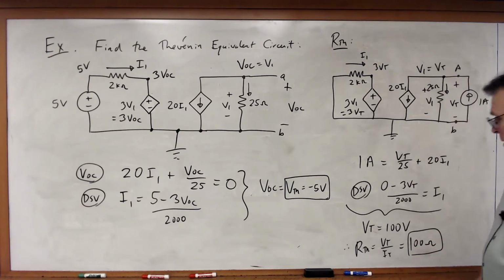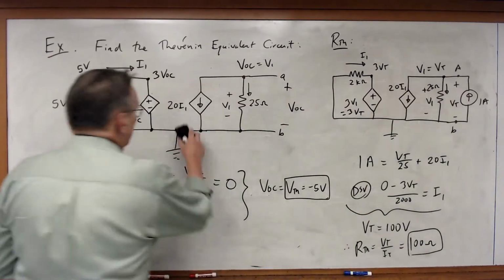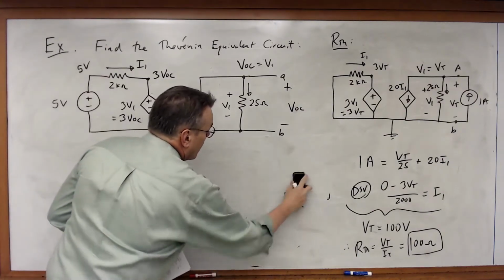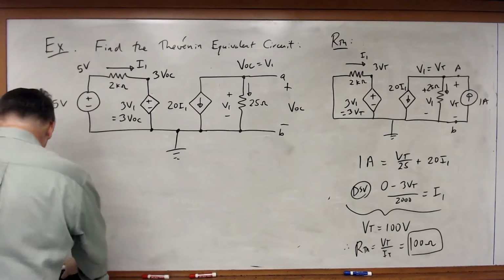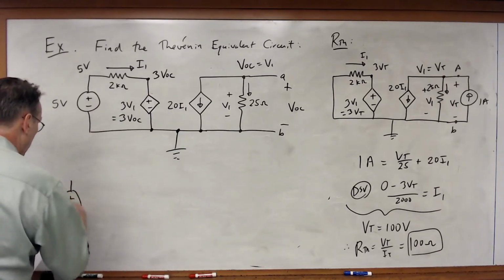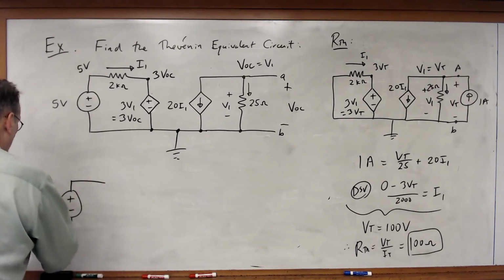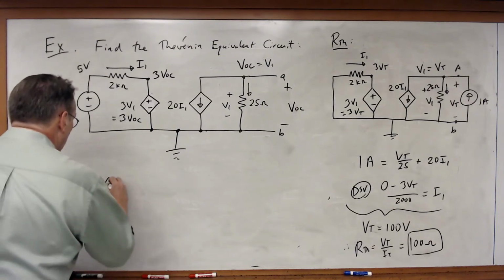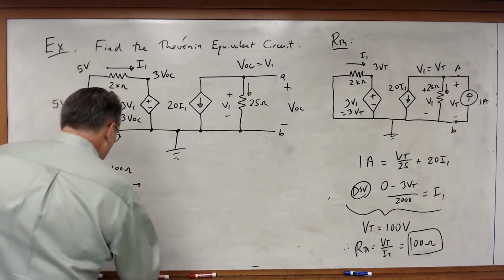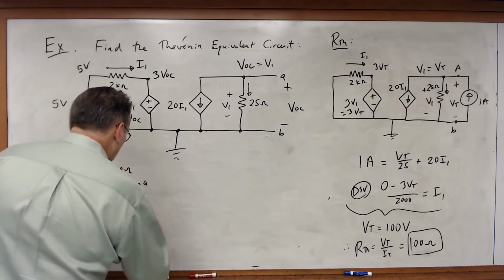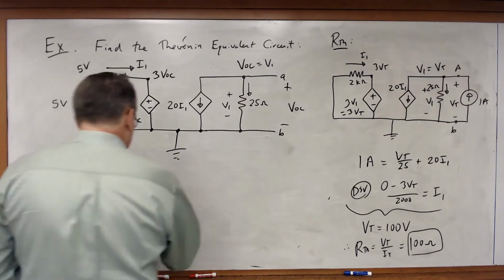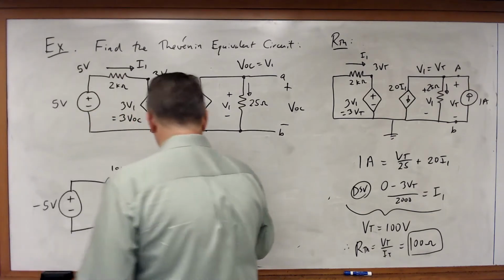So there's my circuit. The Thevenin equivalent of that circuit will therefore look like this. Which incidentally, I could flip this and I could say that it's also equal to this.